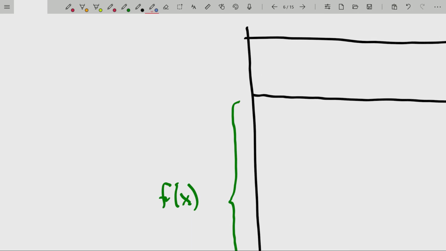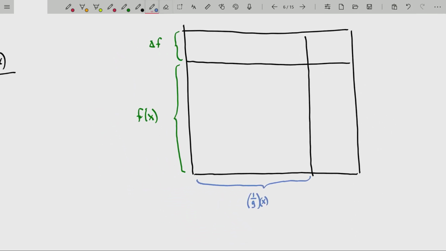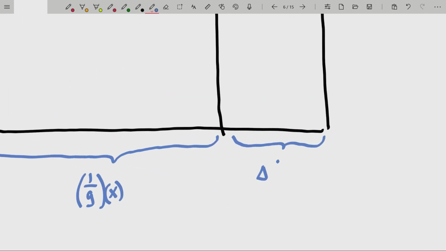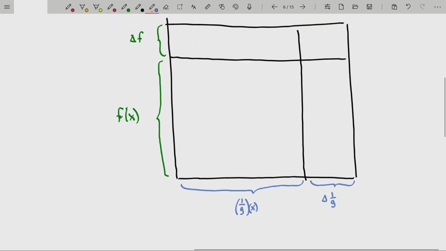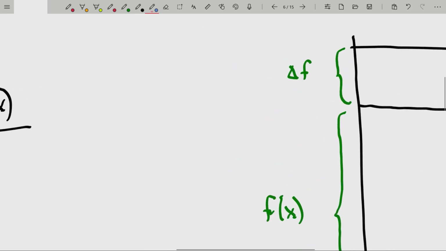To do that, we had a change in output for f. That was what this distance was. And we had a change in output for 1 over g in this case. It was g in the product rule case, but this is going to be our change in output for 1 over g. And we defined that change to be just the numerator of the difference quotient.